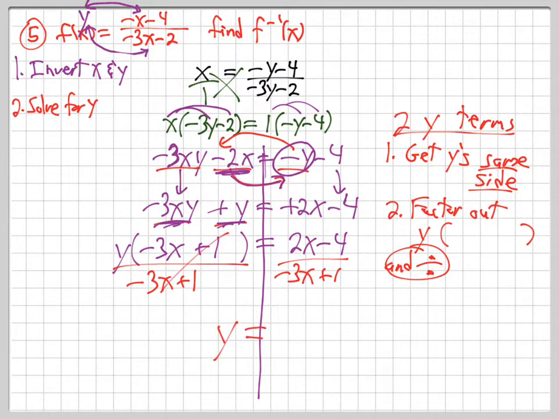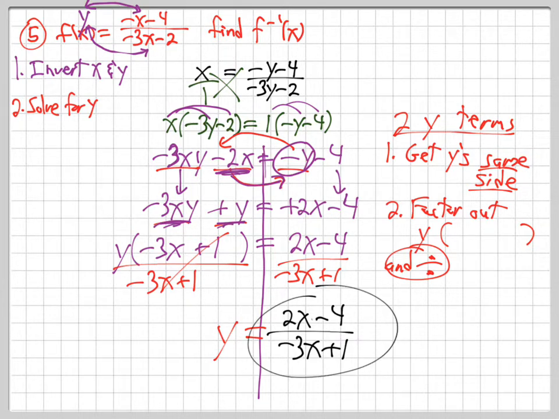Y equals 2x minus 4 over minus 3x plus 1. And that's the inverse function. We found it. All right, good. Let's go on with number 6.